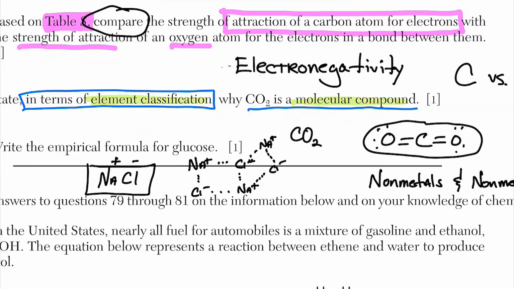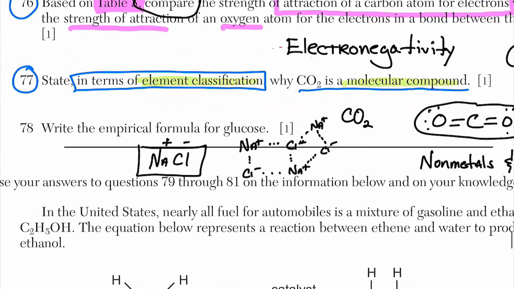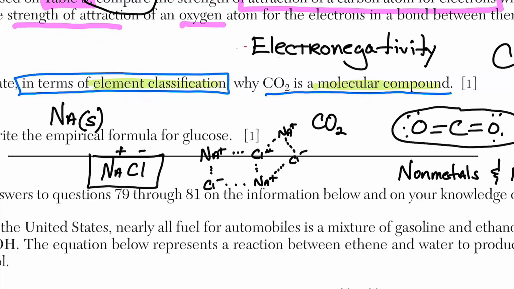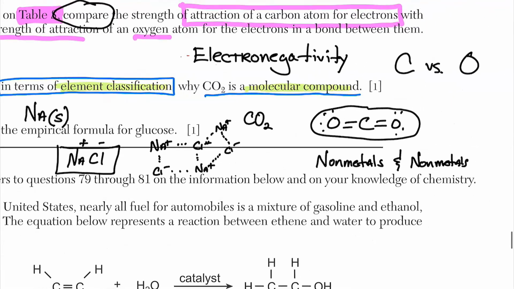And if something is a metallic compound, that'd be metal and metal, like solid sodium, which implies that sodium atoms are bonded to sodium atoms some huge number of times, also in a crystal where the electrons are free to move. We say the sea of mobile electrons. So be aware of that. So in terms of element classification, the reason why CO2 is a molecular compound is because it's made up of nonmetals bonding to nonmetals.